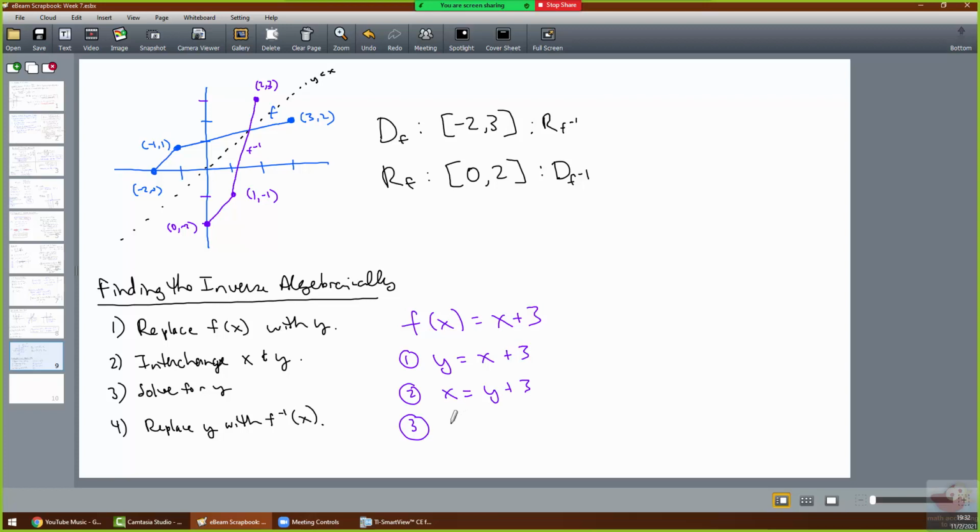Step 3, we would solve for y by subtracting 3. And step 4, instead of y, we write f inverse. And that's what we talked about anyways, that if the original function adds 3, the inverse has to subtract 3.